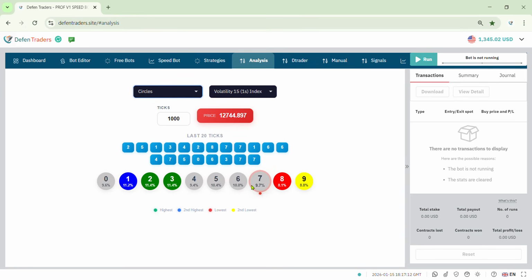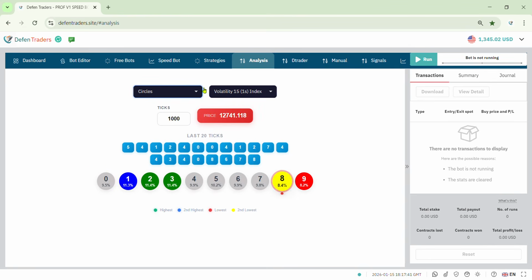Digits above 10% are assumed to mean that the parts they are in are strong, and those parts can always give you wins. Now you can see the under 5 here, very strong, and I would comfortably execute the contract under 5.